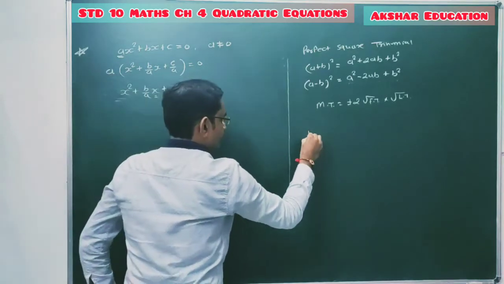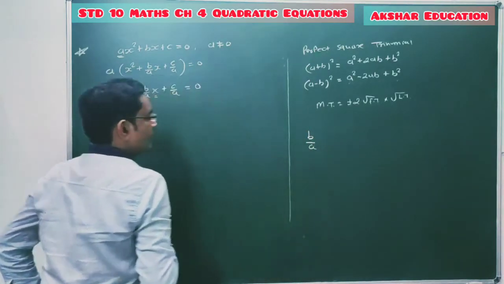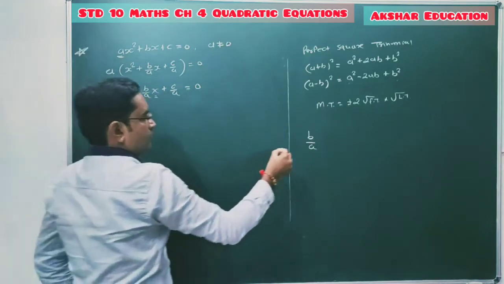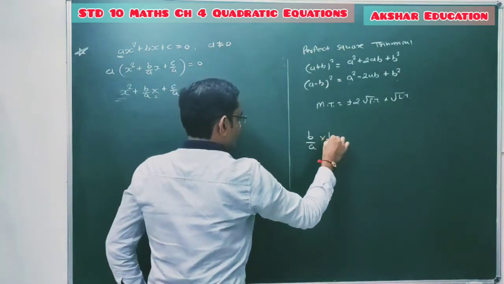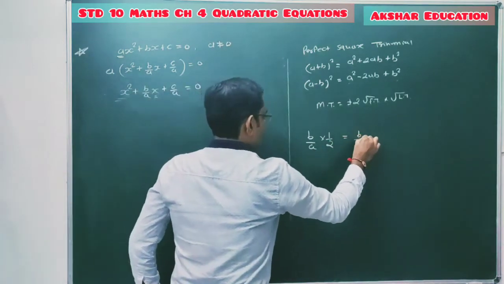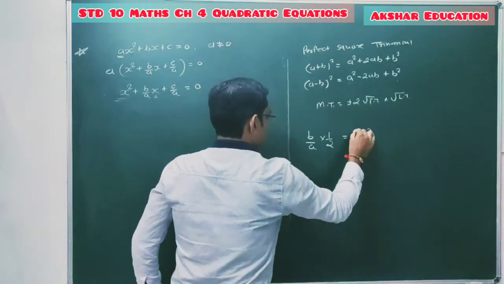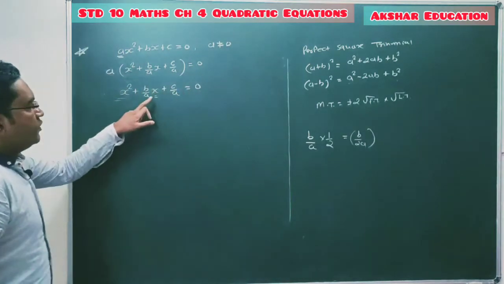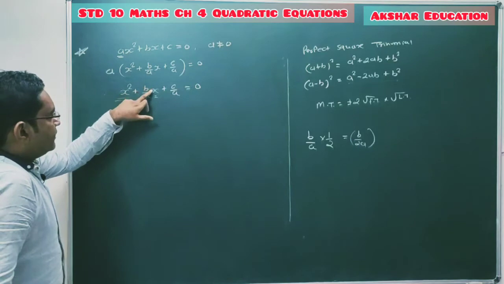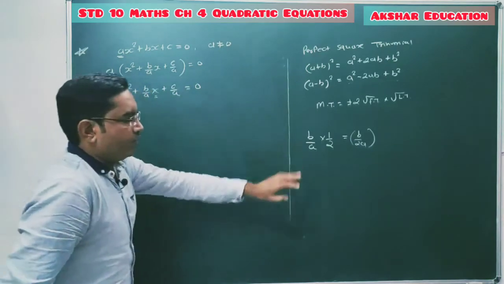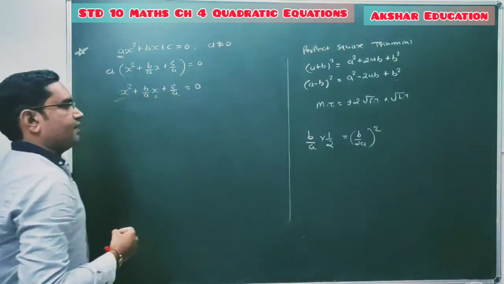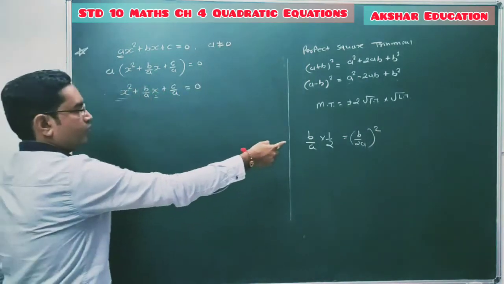What do you have to do with this b by a? You have to divide it by 2, which gives 1 by 2 into b by a, so we are getting b upon 2a. Consider the coefficient of variable x, divide it by 2, so we are getting b by 2a, and take its square. So we are getting b upon 2a whole square.